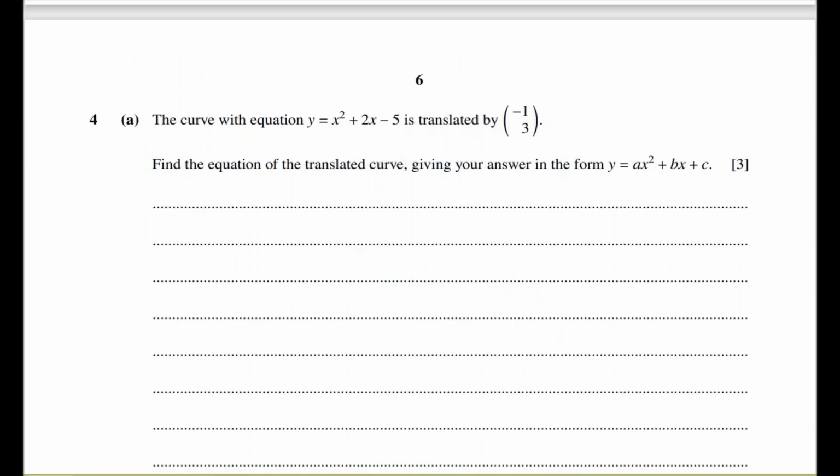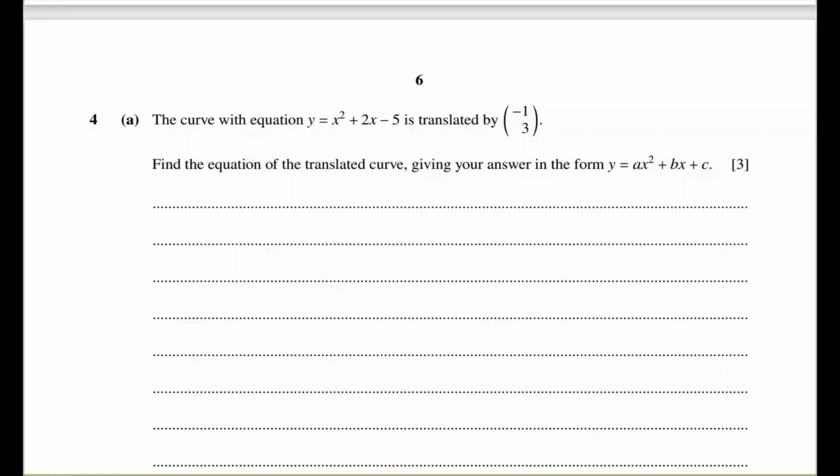Next, question number 4. The curve with equation y is equal to x square plus 2x minus 5 is translated by the vector -1, 3.